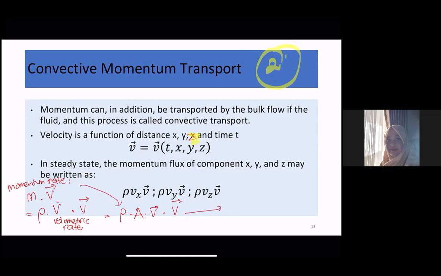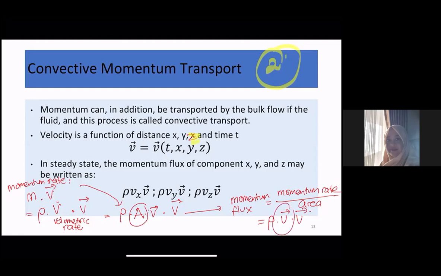So the momentum flux is equal to the momentum rate divided by area. The area cancels out, so it becomes rho multiplied with v multiplied with v.